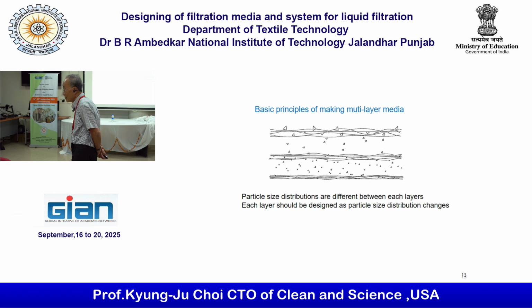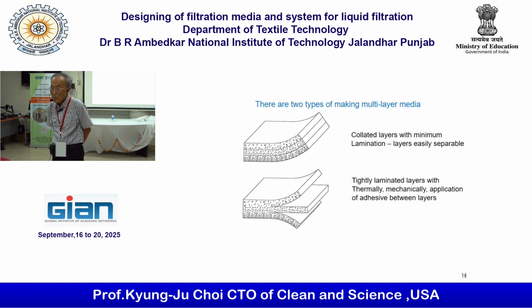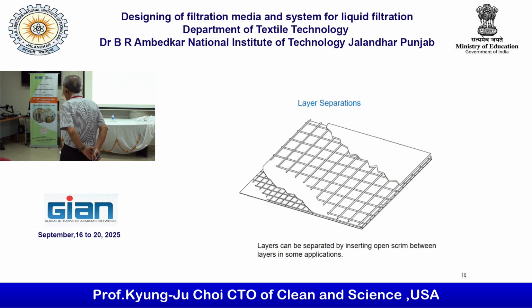The other thing is, if you separate the layers, or if you adhere and bond them to each other, then the characteristic is a little bit different. Sometimes you use some sort of support layer in between. For round cartridges, sometimes they do it that way.